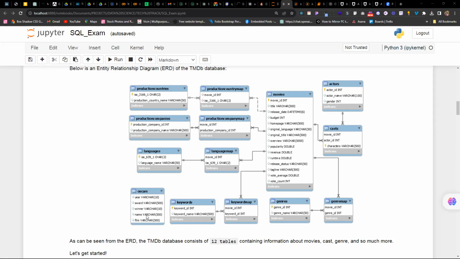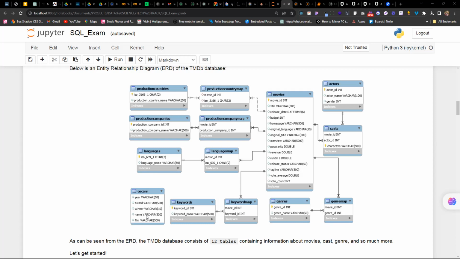It looks like we connect the genre table to the genre map, then to the keyword map, then to the keywords table. So that's how we can link genre and keywords. So we can do select count where genre equals thriller and keyword name like love, percentage, love, percentage. I think that's what it's going to be.